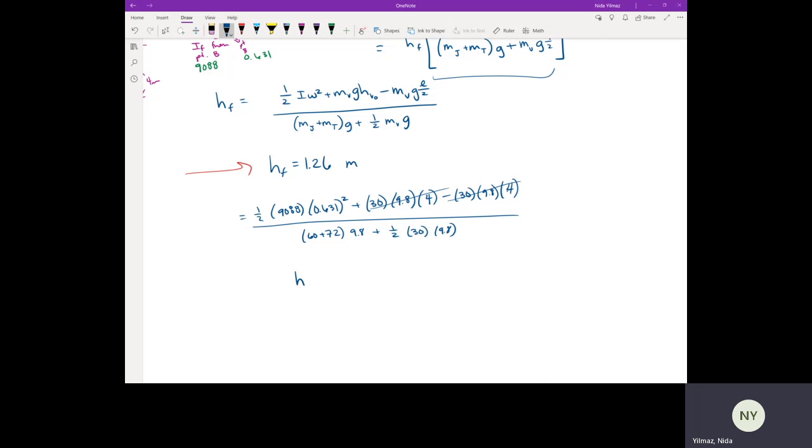So I got HF is equal to 1.255, 895,866. So yeah, it's 1.26 meters. All right, so I did this correctly. I don't know why I keep doing that, but let's make it red. Okay, so that's how you do this problem.